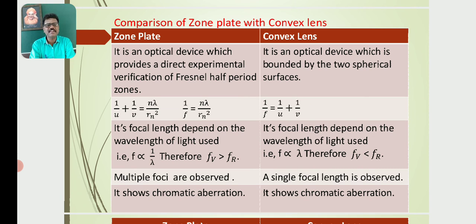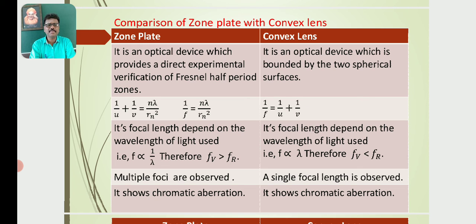FV is less than FR because the wavelength of violet color is in the order of 4000 and the wavelength of red color is in the order of 7000. So in case of zone plate, FV is greater than FR, and in case of convex lens, FV is less than FR.